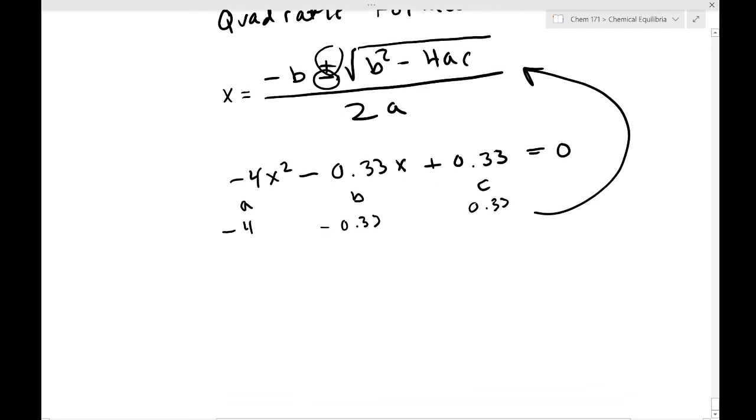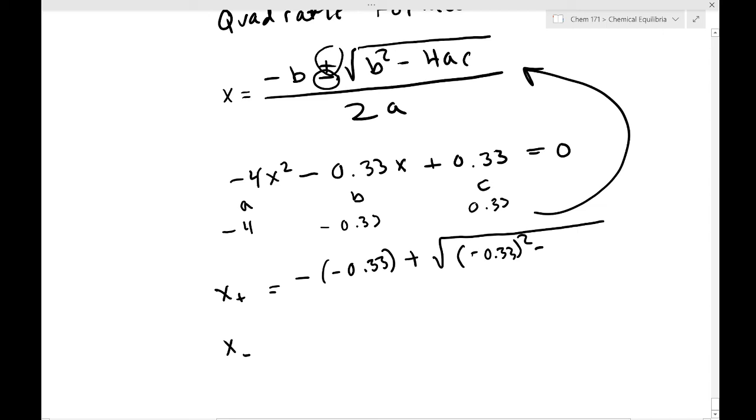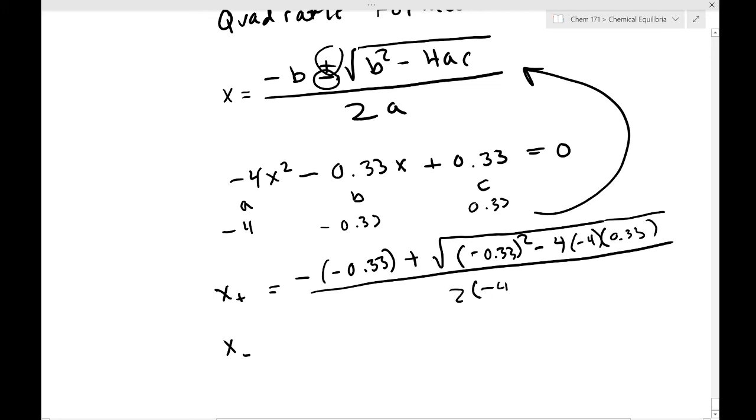I like to call these x plus and x minus. So we have x plus is equal to negative b, which is 0.33, plus the square root of -0.33 squared minus 4 times a, -4, times c, 0.33, divided by 2 times -4.